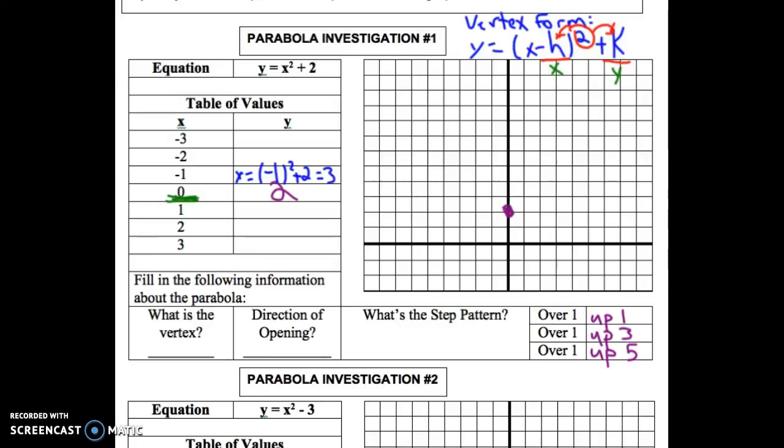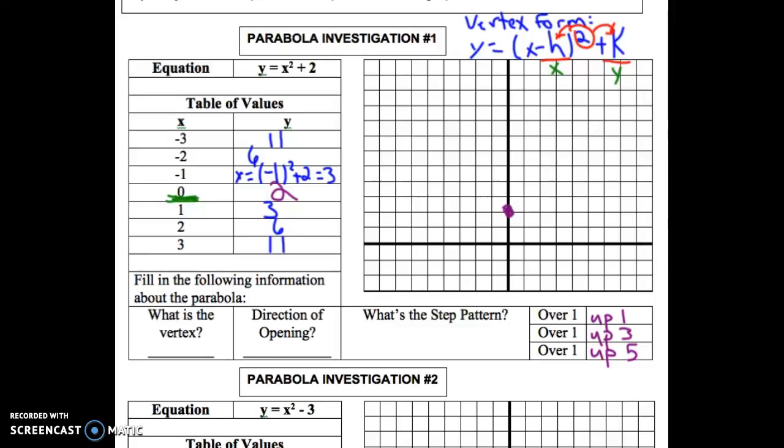So negative 1 comma 3. If I put negative 2 in there, negative 2 squared is 4. 4 plus 2 is 6. And I put negative 3 in there. Negative 3 squared is 9, plus 2 is 11. Same thing. If I put 1 in there, my outcome would be 3. If I put 2 in there, it would be 6. And 3 is 11.